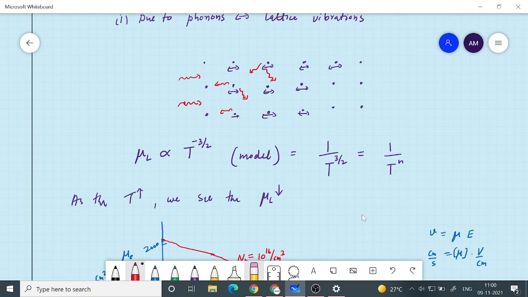But suppose you create some kind of vibrations in that medium, then these waves will begin to reflect from there. So that is an analogous picture you can think about to understand the effect of lattice vibration. Does that help you?